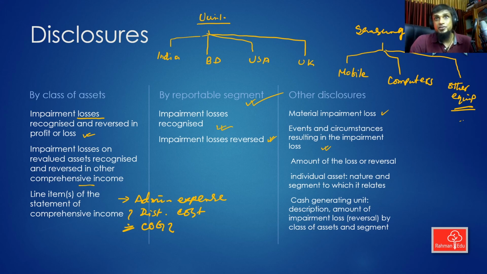For disclosures, you do not need to memorize the whole list. As an accountant, when you prepare the annual report, you take the list and check whether you have complied with those or not. That's the normal approach for an accountant. But you have to have a general idea so that when you provide consultancy, you can identify the problem.